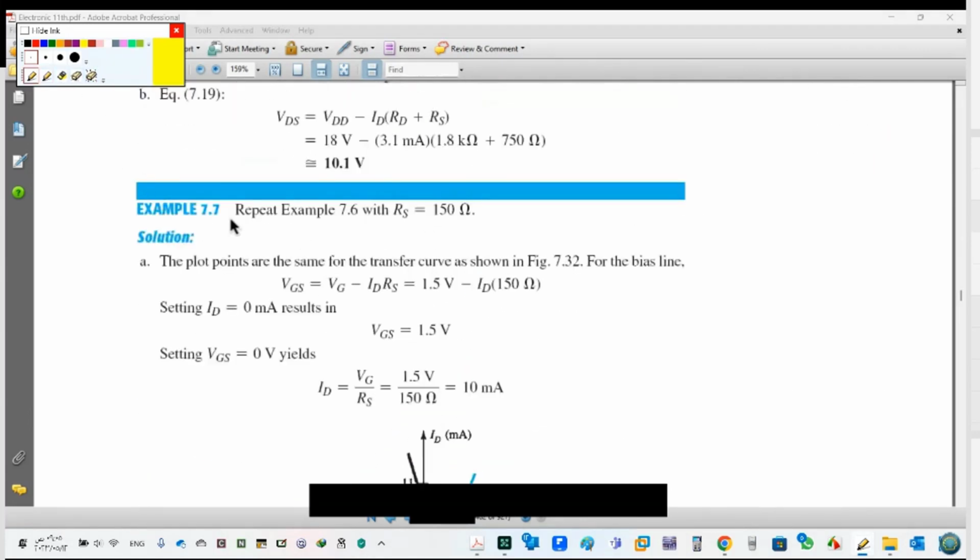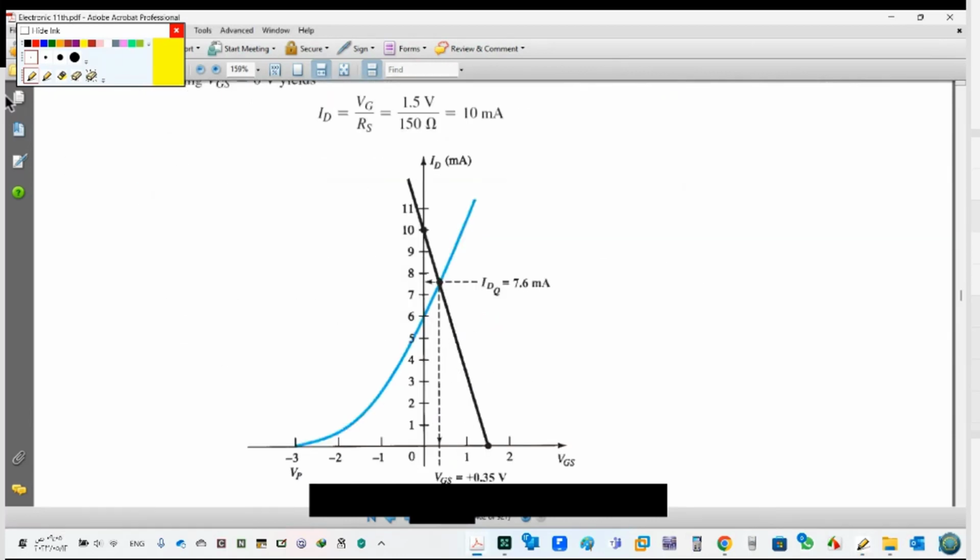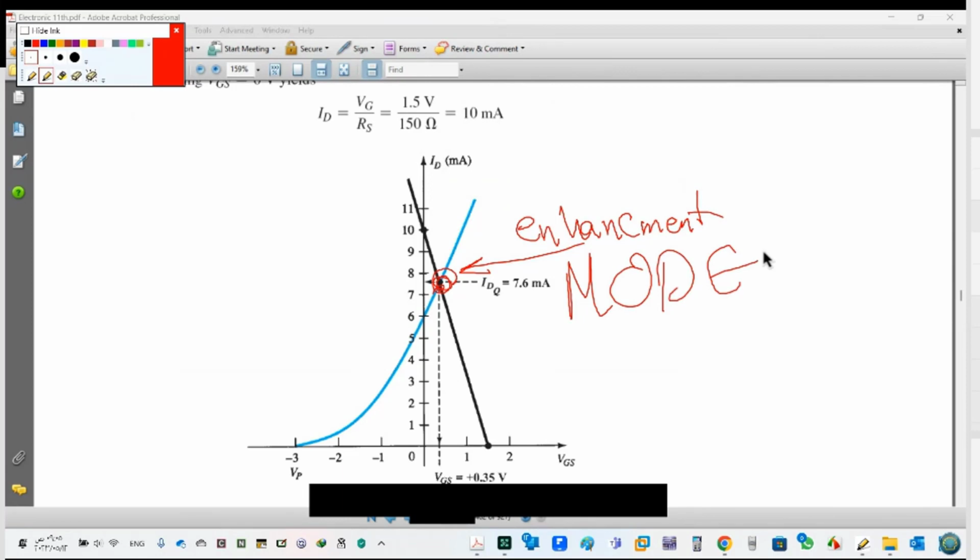See, like in this case, if I decrease RS, we are working at this point here in enhancement. So take care, we have this area and this area: enhancement mode and JFET mode. Is it clear?